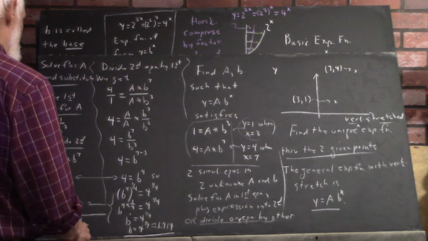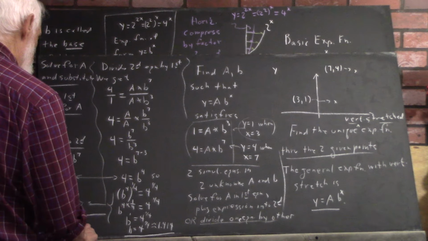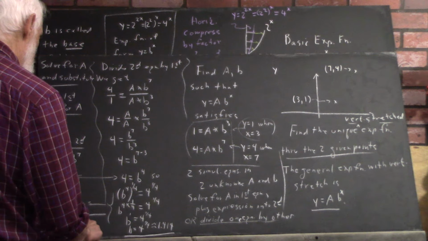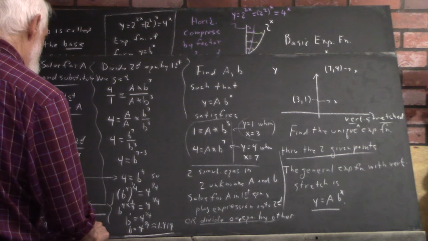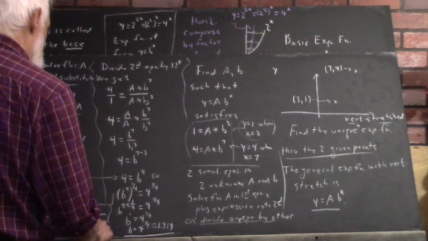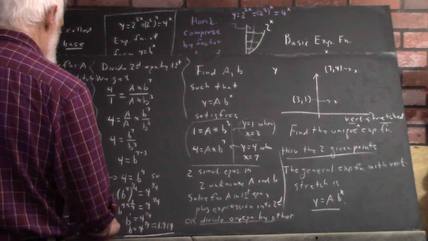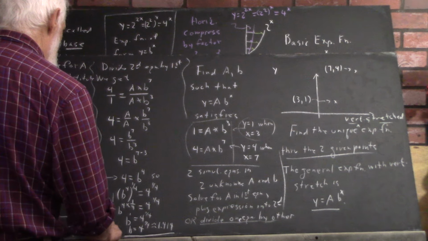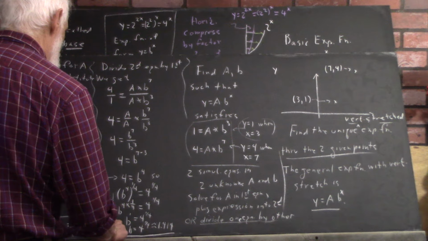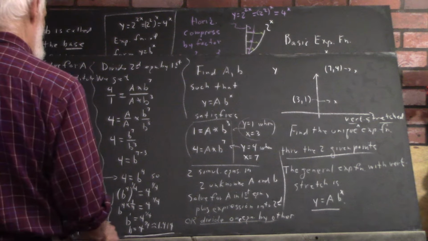So that's 1 over 4 to the 1/4 cubed, which is 1 over 4 to the 3/4 power.